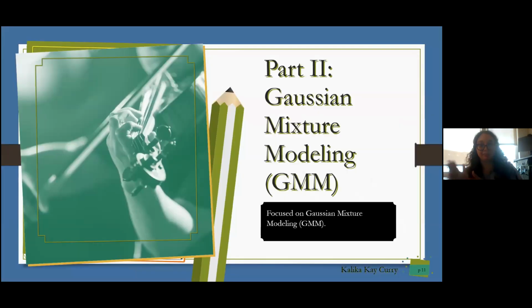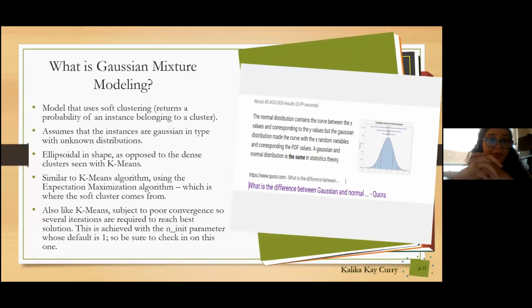All right, so Gaussian mixture modeling. This is what we are discussing today. Our first question is, what is Gaussian mixture modeling? First and foremost, he mentions that it's some kind of Gaussian thing, and I completely forgot what Gaussian means.